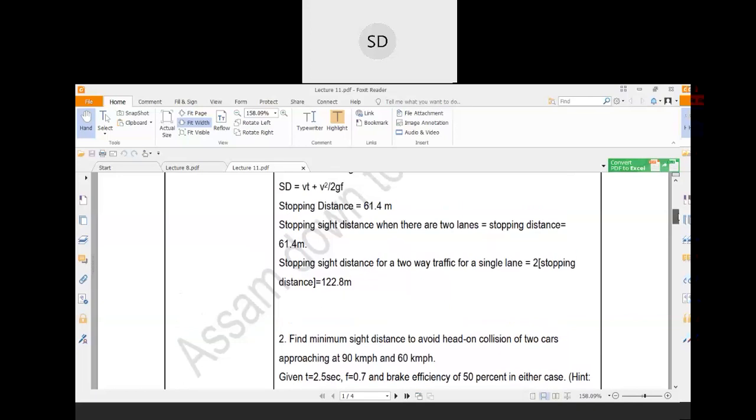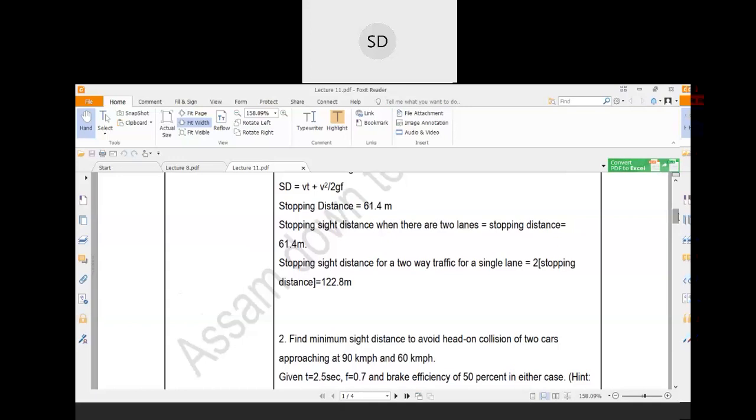Okay, so you have to find out what should be the stopping sight distance to avoid a head-on collision for these two vehicles which are coming from the opposite direction. Now here one thing you have to notice, that here coefficient of friction value is given as 0.7 and your brake efficiency is given as 50%.